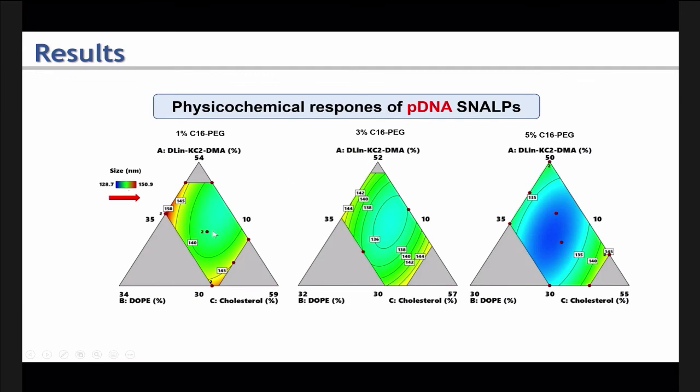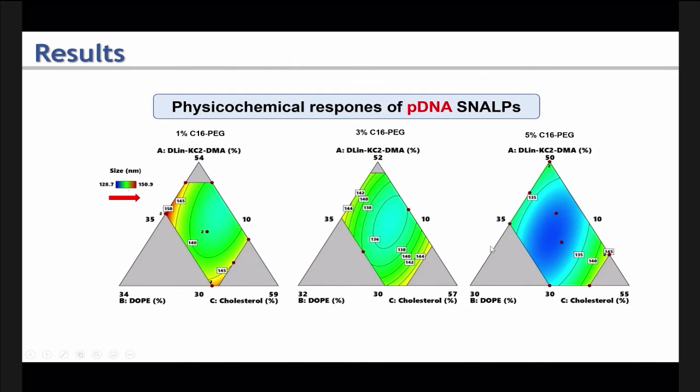The contour here presents the effect of KC2, DOPE, and cholesterol lipid composition when fixing the PEG at 1%, 3%, and 5% on size response. We can obtain the big size at the red area and the small size at the blue area.